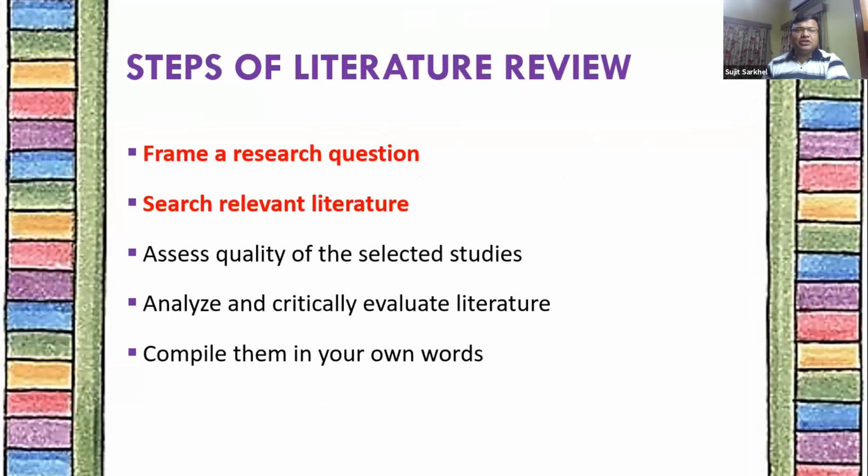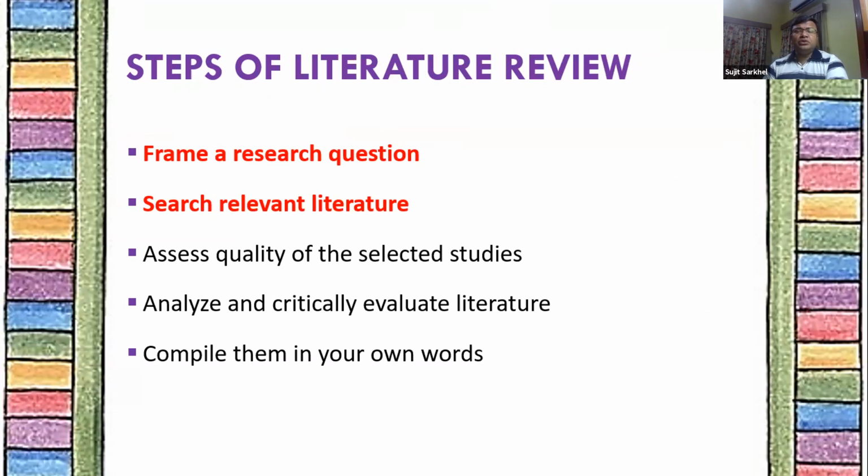So coming to the steps of literature review, first you frame a research question. You may be thinking, why do I have to frame a research question for a search? The reason is that if you are simply searching for, say, escitalopram in depression, that can be a very simple search where you just put escitalopram and depression. That will not be a problem.